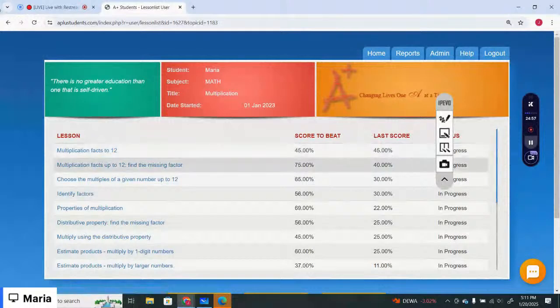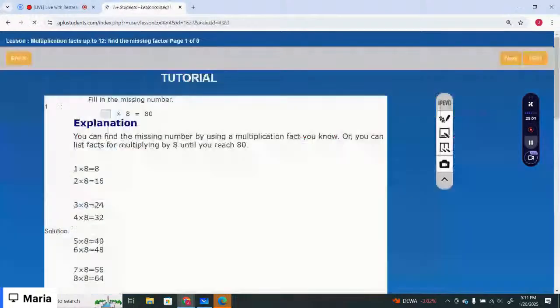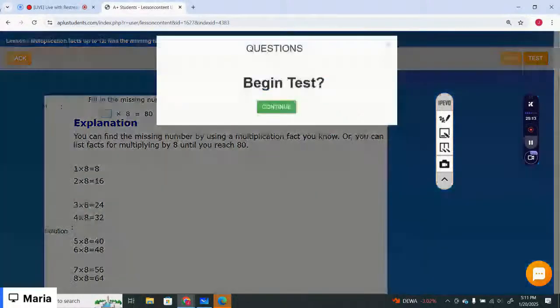Multiplication facts up to 12, find the missing factor. Let's just start with the lesson. Let's just start with the test questions.